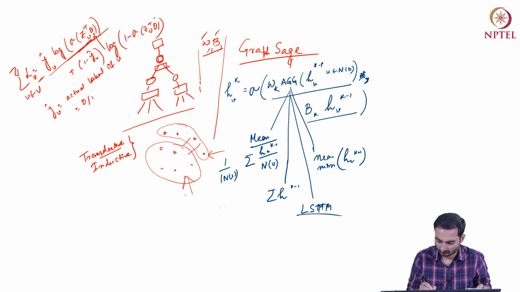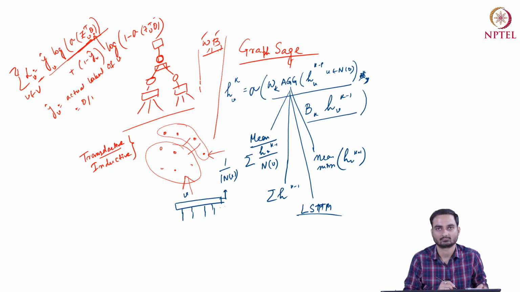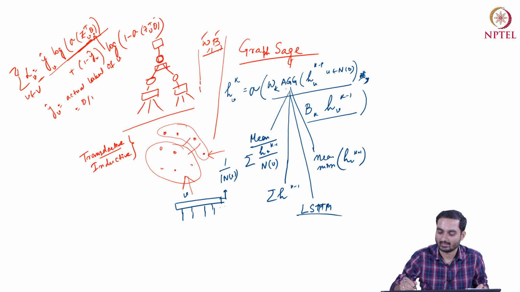Let us say for vertex V you have 4 neighbors. You pass them through the LSTM, and the final output would be the output of the LSTM. Remember, this aggregation operation should be order invariant, but you may ask that the LSTM is order variant, because if you change the order of the neighbors, it will produce a different output. That is true.